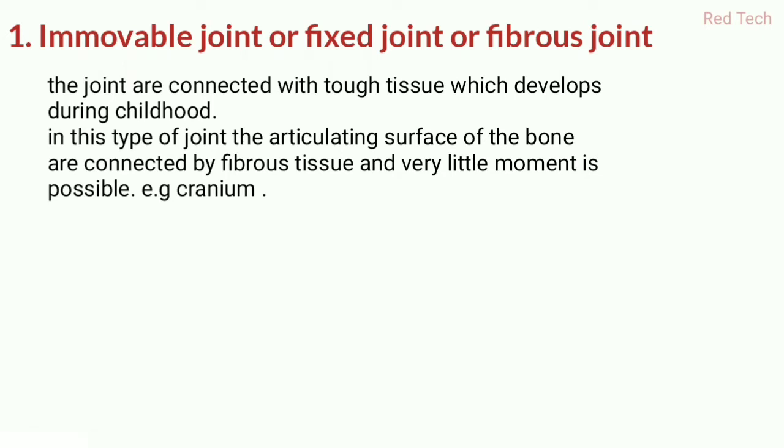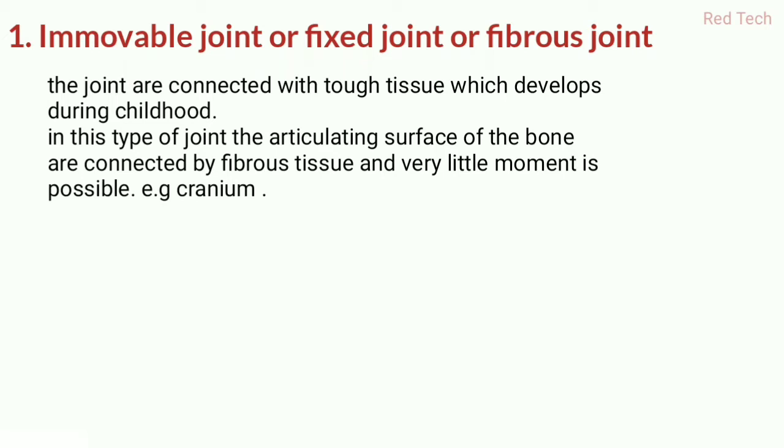In these types of joints, the articulating surfaces of the bones are connected by fibrous tissue and allow very little movement. That's why we also call it a fibrous joint.